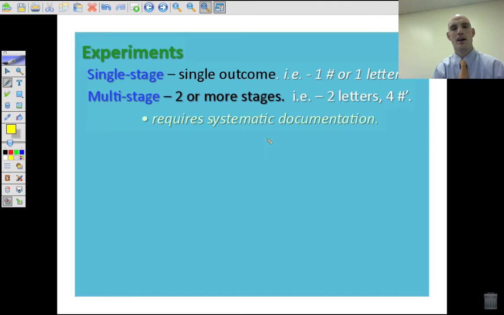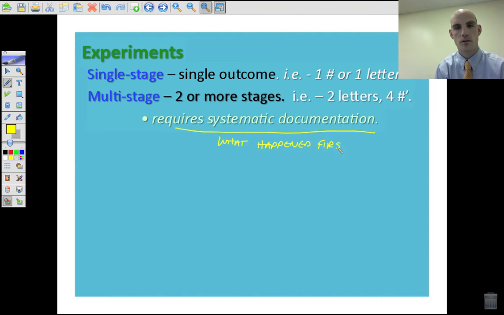And so it requires systematic documentation because you have to keep track of what happened first, or what happened second, etc.